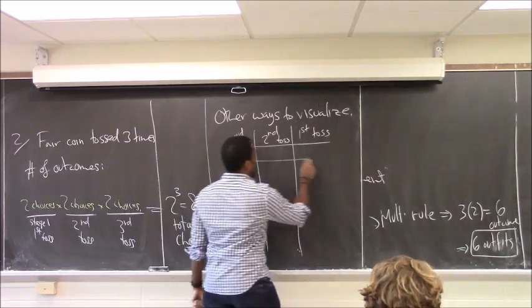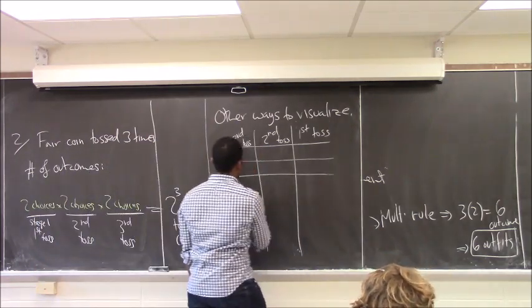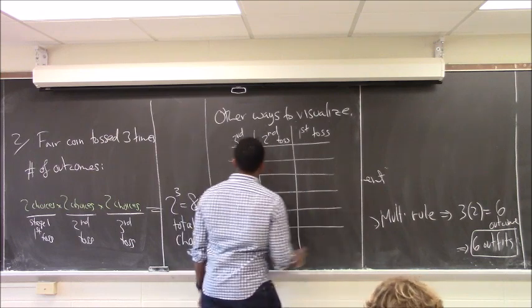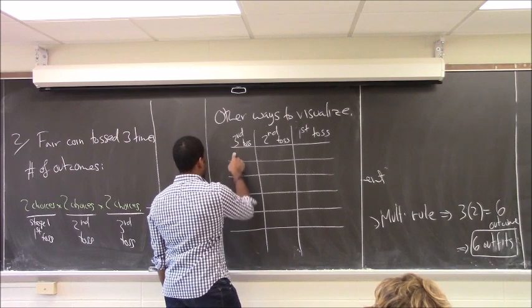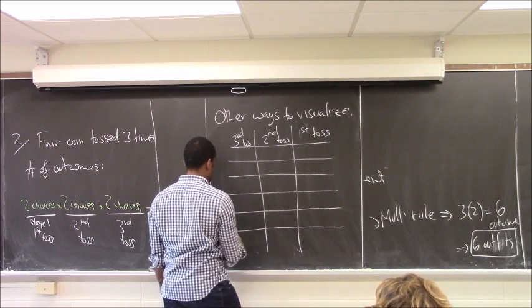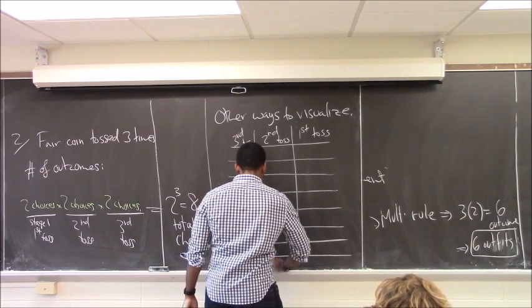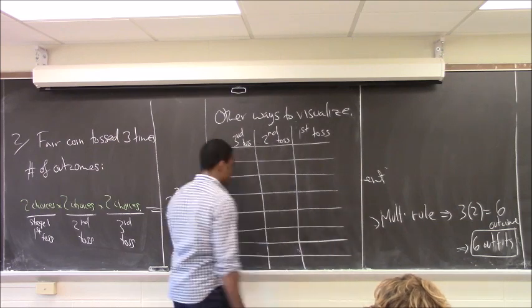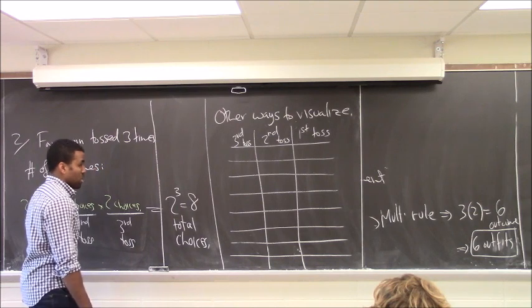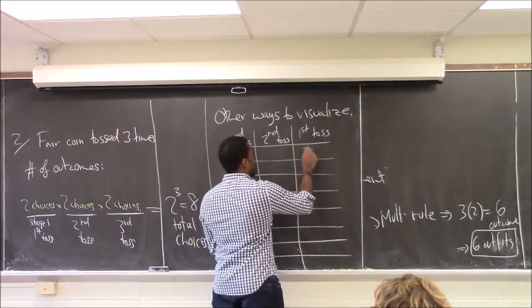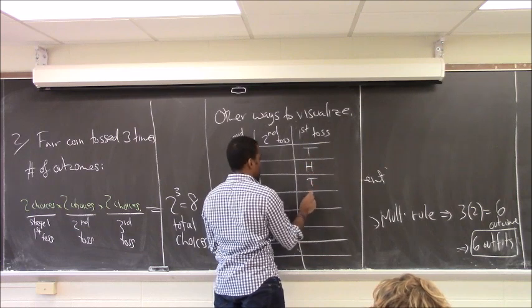Where if there are only 2 options, what you do is you're going to alternate. Now, there are going to be 8 alternations, or 1, 2, 3, 4, 5, 6, 7, 8. We know there's going to be 8, but you can also tell because eventually you'll notice repeats start to happen. But the multiplication rule suggests there are 8. What you can do is start with tails and alternate every 1.